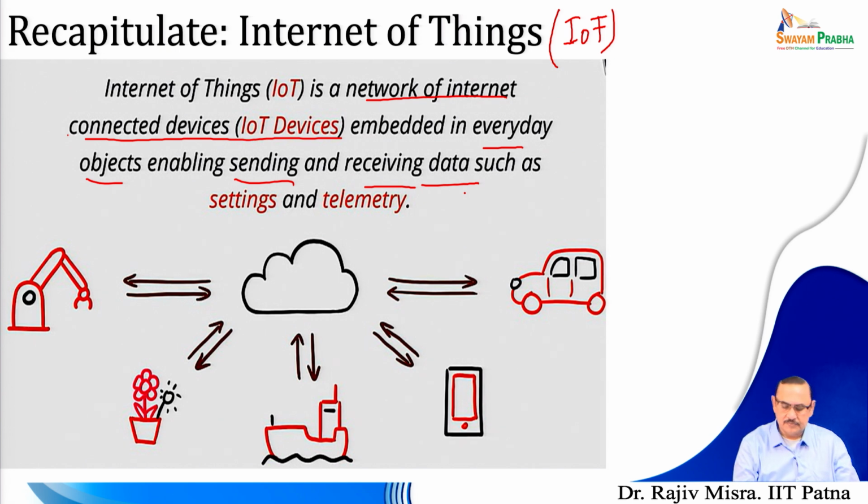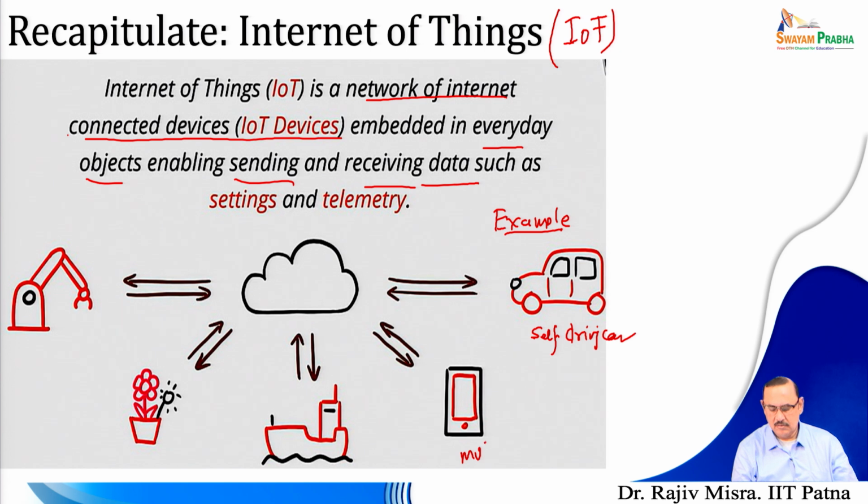For example, here these are the objects, they are called self driving car or a mobile phone, or let us say a mobile phone is moving, then you can see this is the garden embedded with the sensors or IoT in it.